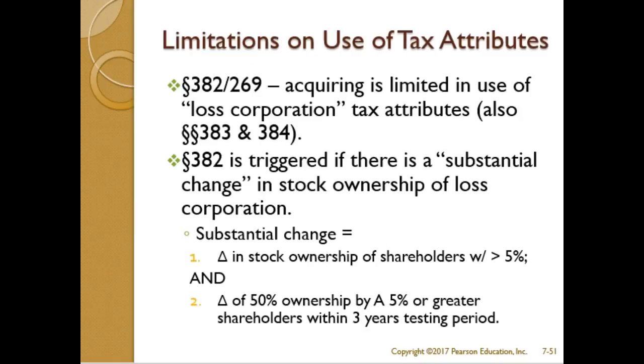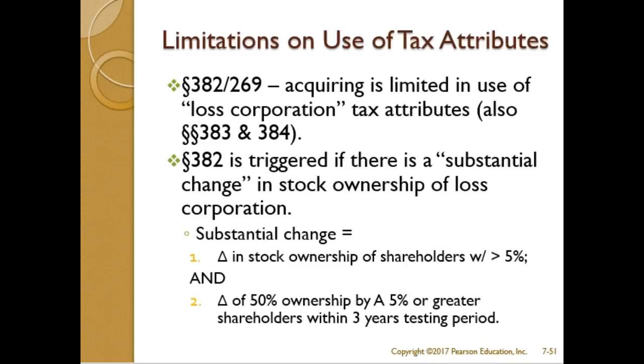Section 382, acquiring is limited in use to loss corporation tax attributes, and Section 382 is triggered when there is a substantial change in stock ownership of a loss corporation, meaning those two requirements below: change in stock ownership of shareholders is greater than 5% and a change of 50% ownership by 5% or greater shareholders within a 3-year testing period.